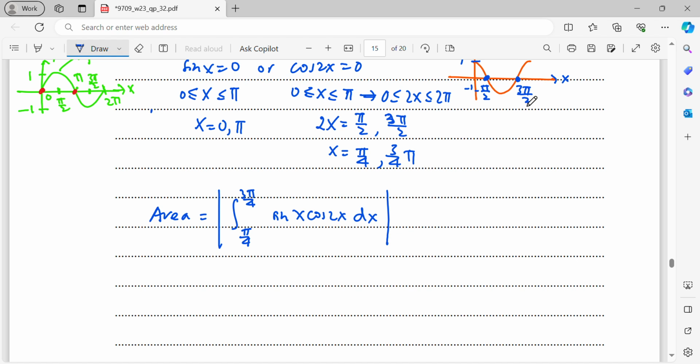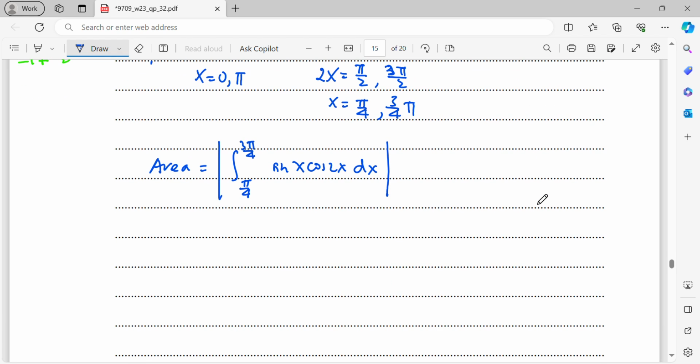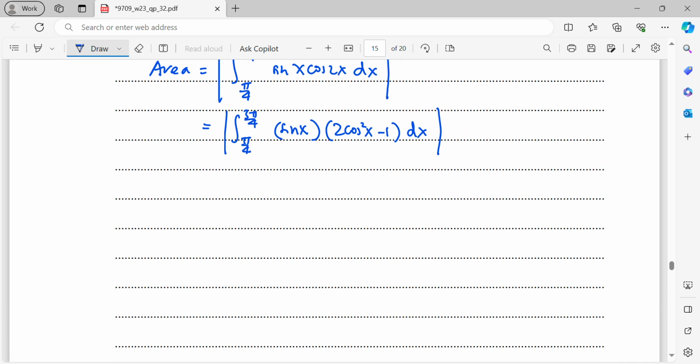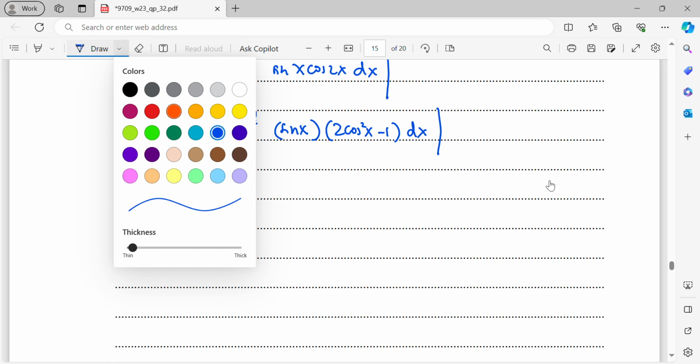Okay, so now to integrate this, I will change the cos 2x to 2 cos square x minus 1. Okay, use the double angle formula. Then here I will do expansion.